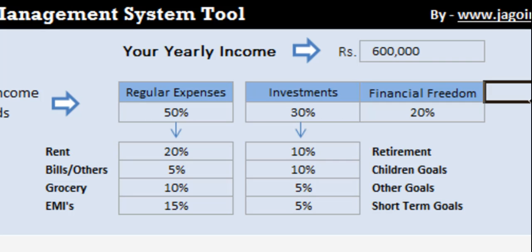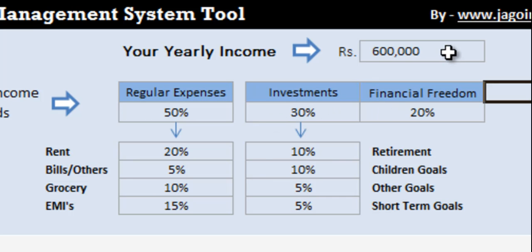So you define all the expenses and all the investments in percentage terms, and the moment you do it, it designs your system, what you should follow every year, and what that system can create in your life.